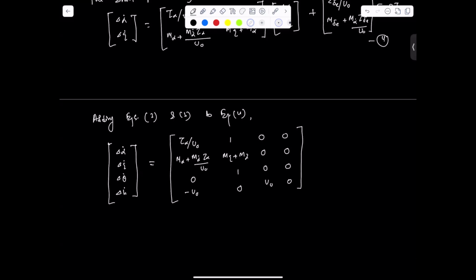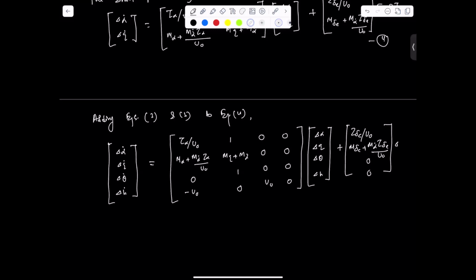And our state vector is del alpha, del q, del theta, del h, and the B matrix is found to be Z delta E over u naught, m del E plus m alpha dot Z del E divided by u naught, 0, 0, with the control input.